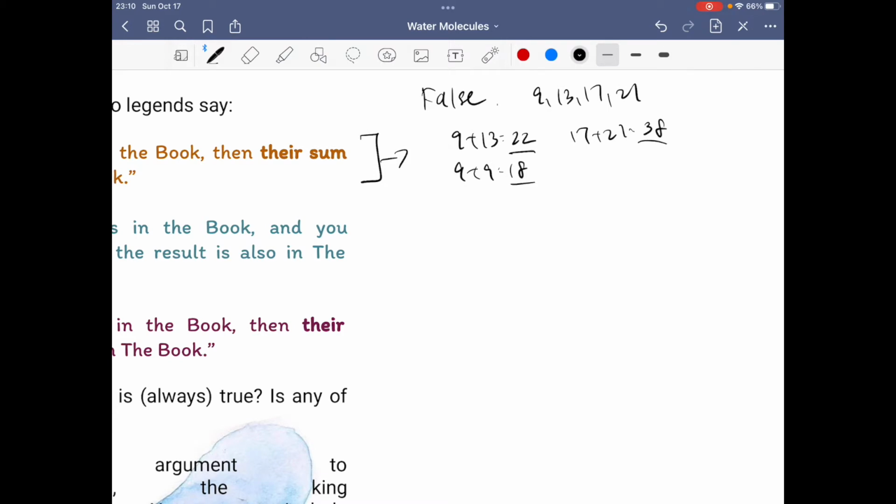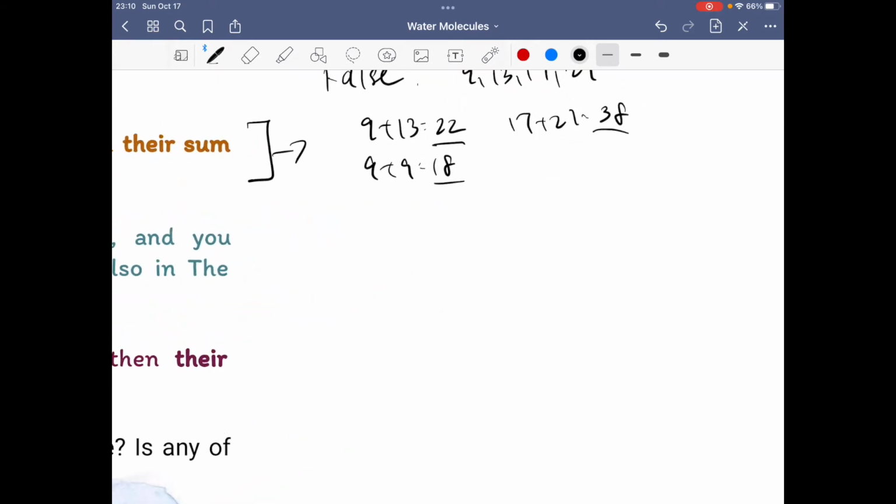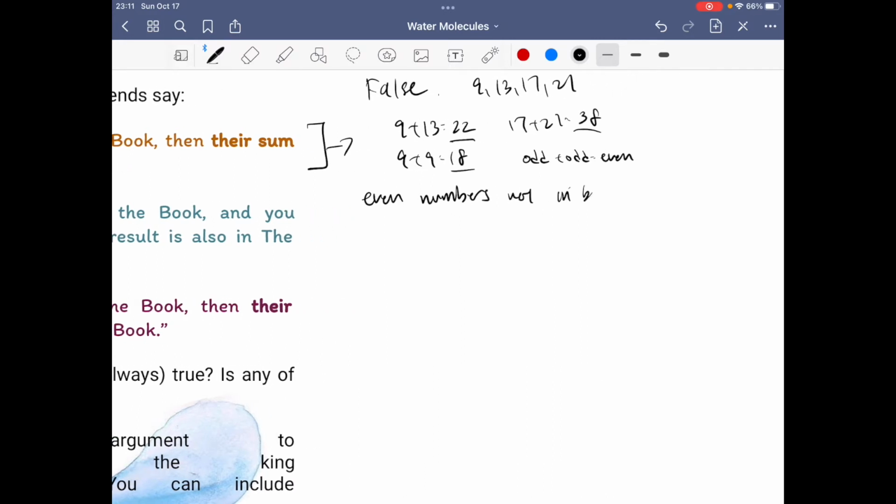And if you remember, by looking at the chart, all the numbers in the book are odd. And if you add odd numbers, it becomes even. And even numbers are not in the book. So this is false.